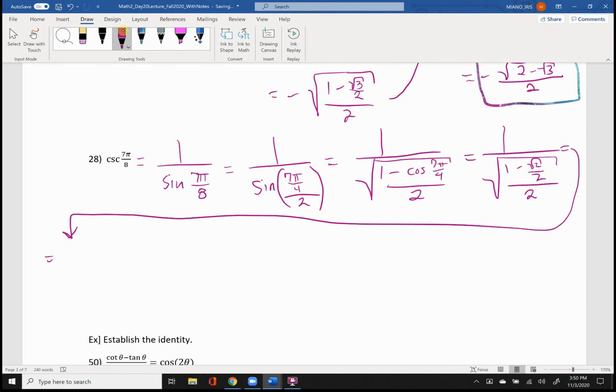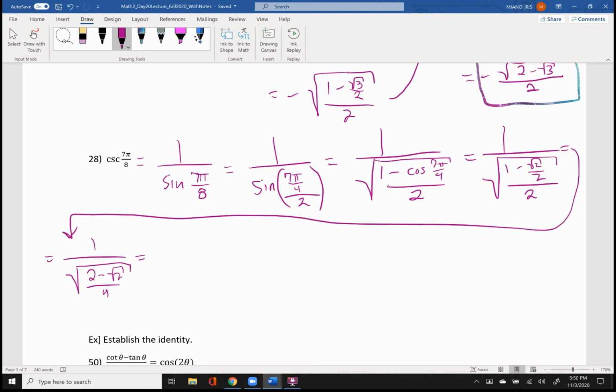The 1 over square root of 2 minus root 2 all over 4. But remember, 4 is a perfect square number, so it can come out of the radical. So, also, how did they do that?